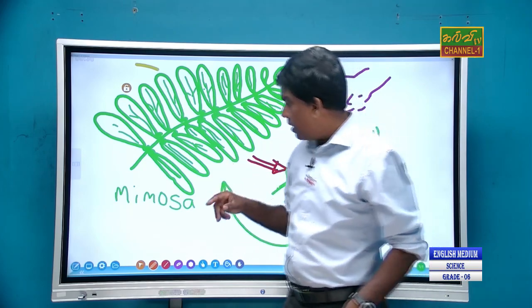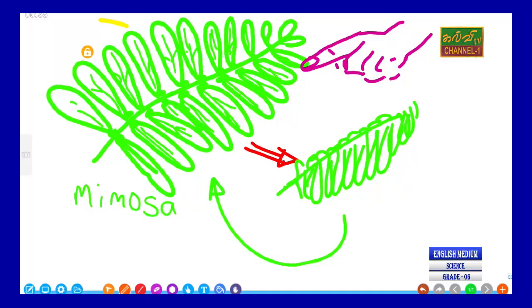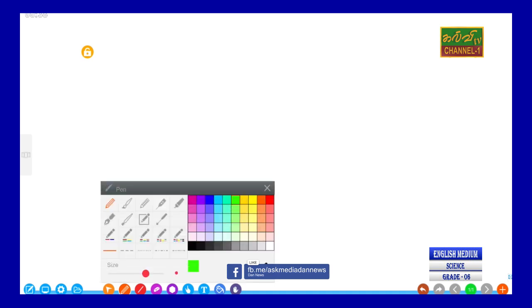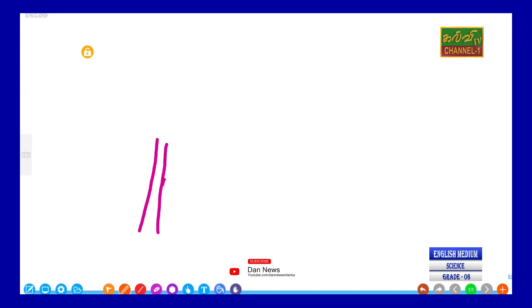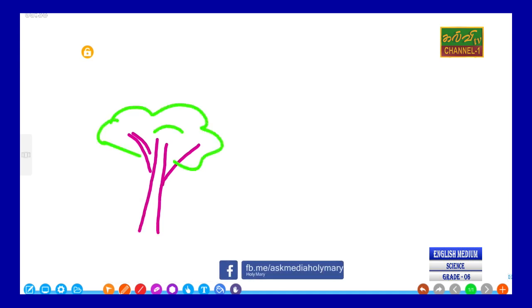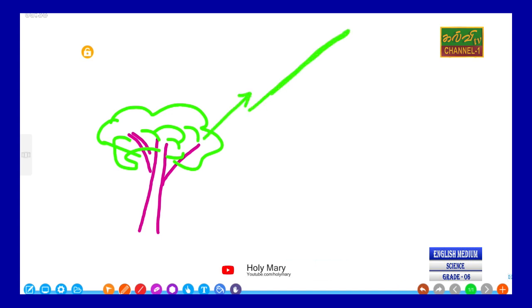But another condition can also be found. I will tell you the next moment. Some bigger plants, like Sesbania, Agathi, are big trees with branches that also have leaves.